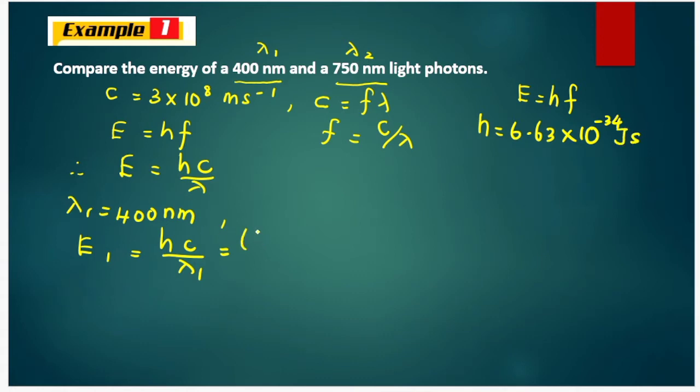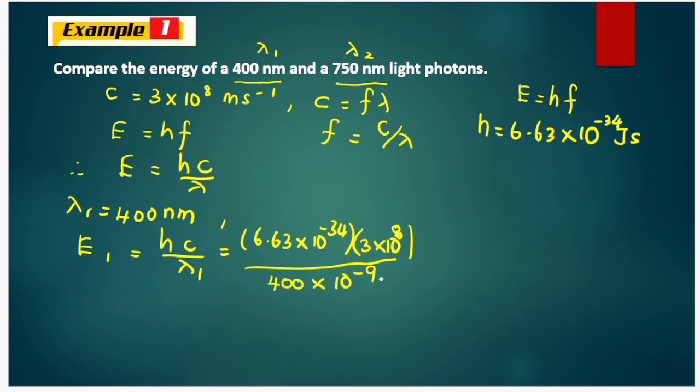Substitute the value of Planck constant, h equals 6.63 times 10 to the power of negative 34 joule second, c equals 3 times 10 to the power of 8, divided by lambda 1, 400 nanometer, which needs to be converted to meter. So 400 times 10 to the power of negative 9 meter. Calculate this value. We get 4.97 times 10 to the power of negative 19 joule.